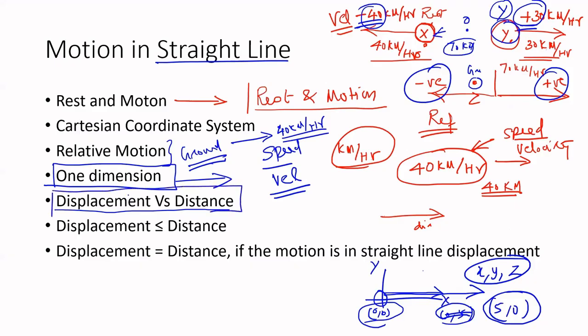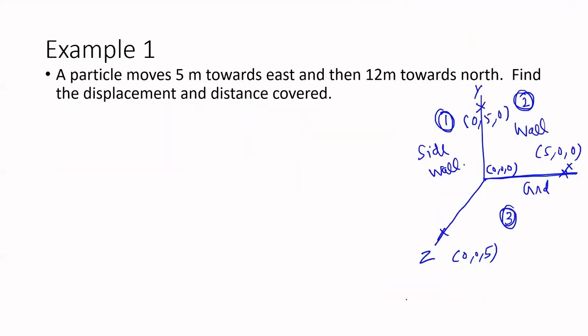Now, we have to see the difference between displacement and distance. Suppose I am traveling from one point to another point this way. This is X, from X to Y, I am traveling along this path.